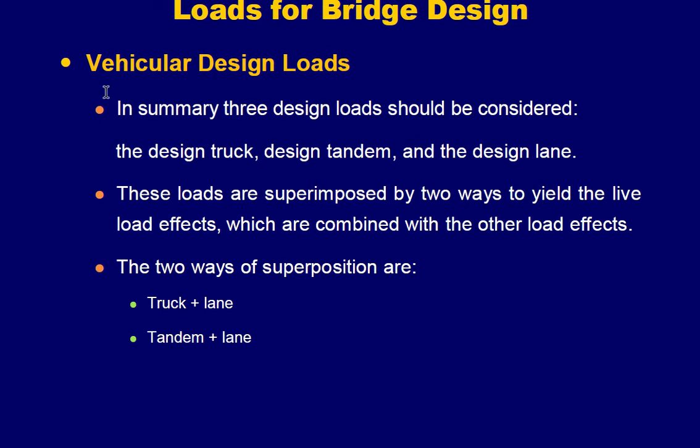So in summary, it says that three design loads should be considered: the design truck, design tandem, and the design lane. These loads are superimposed in two ways to yield the live load effects, which are combined with the other load effects.